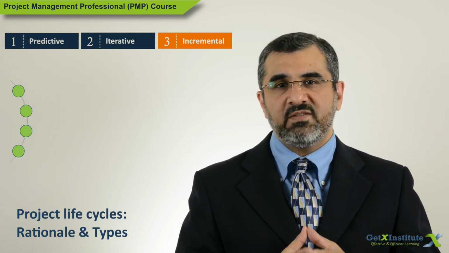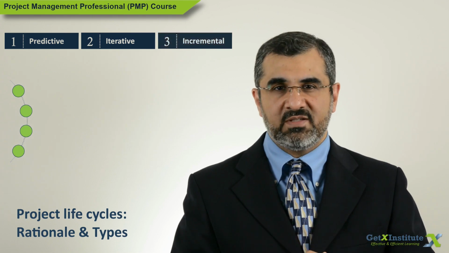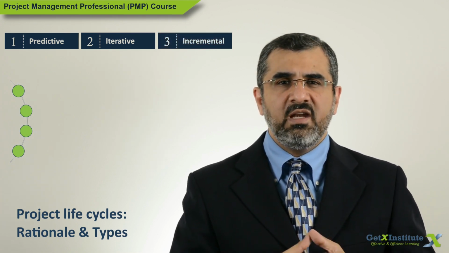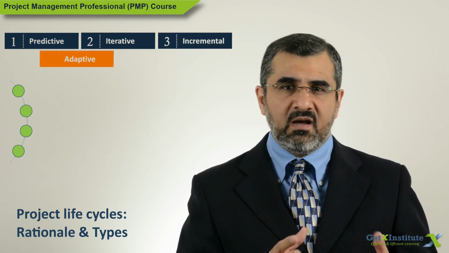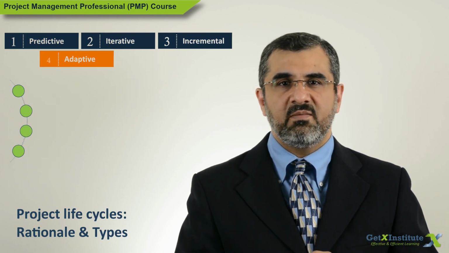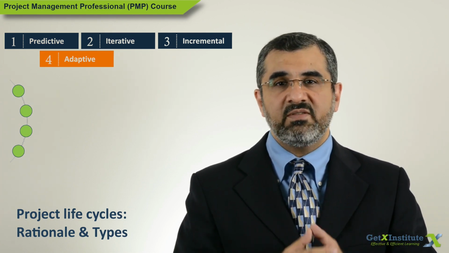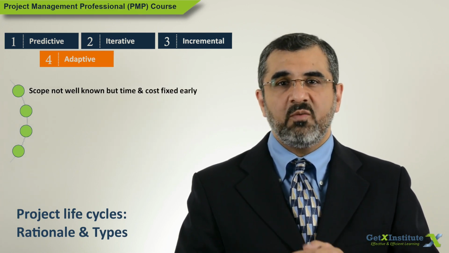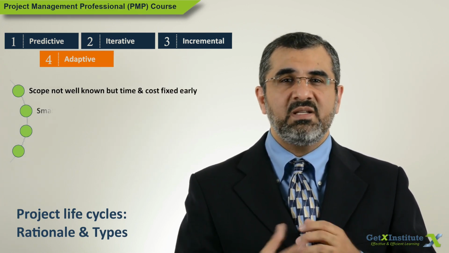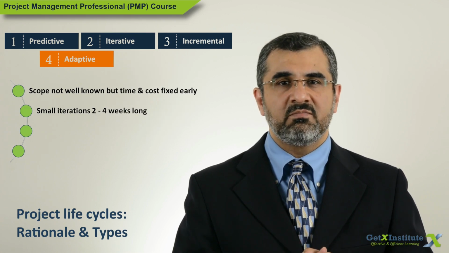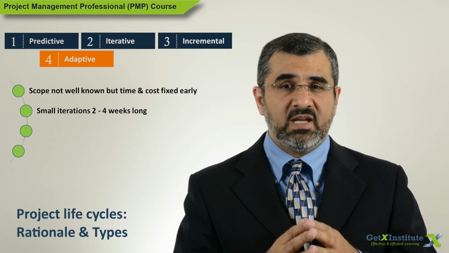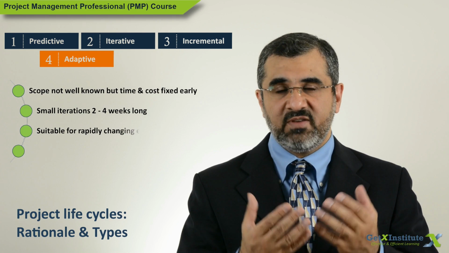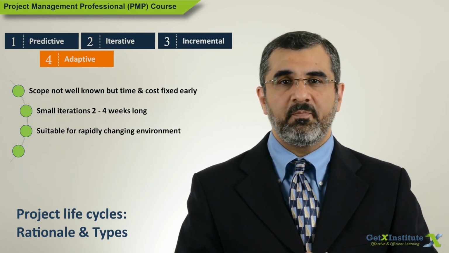Then the fourth life cycle is the adaptive life cycle. The iterative and incremental life cycles are kind of adaptive life cycles, but the clearly adaptive life cycle is agile. In agile, the project objectives are set at the start, but the scope is not well known. Or the project has an objective, but how this objective can be achieved is unknown.